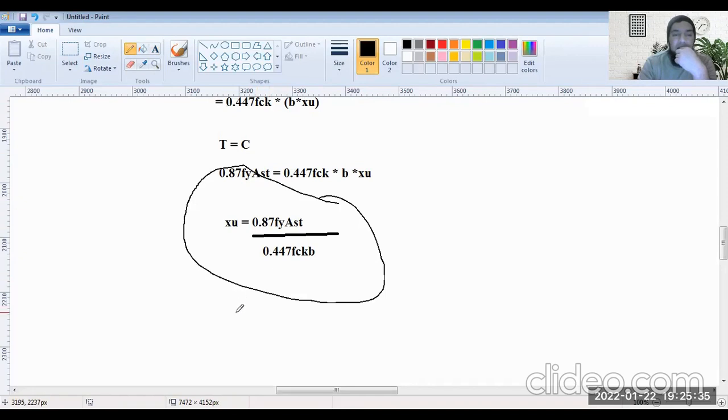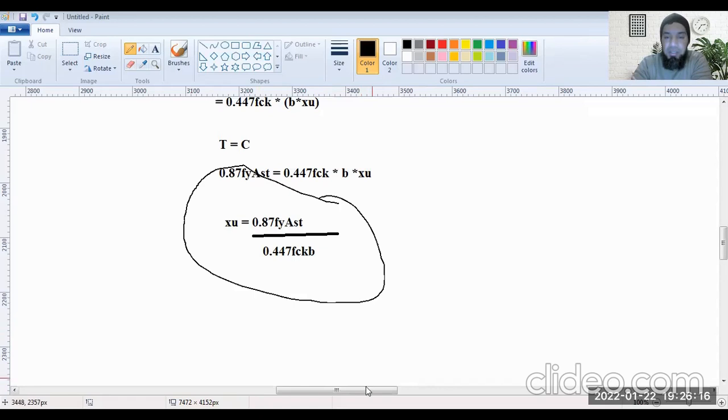The neutral axis depth is XU equal to 0.87 Fy AST by 0.447 FCK B. If you know Fy, AST, FCK, B, these four things, then you can get where the neutral axis is located. So you get this from the balanced section design approach, and it is very important to note down where the neutral axis is, because all other designs are then based on this neutral axis.